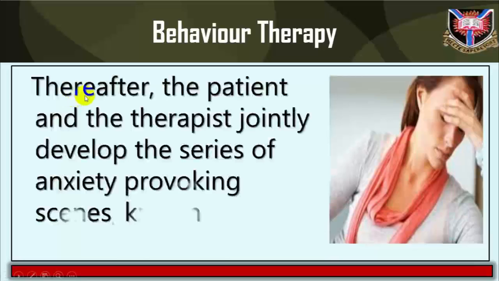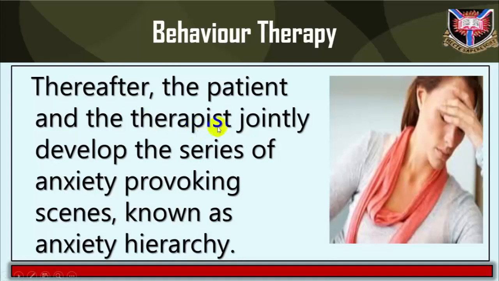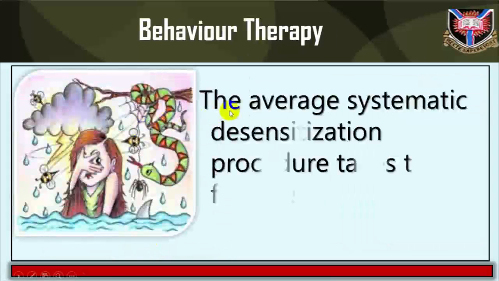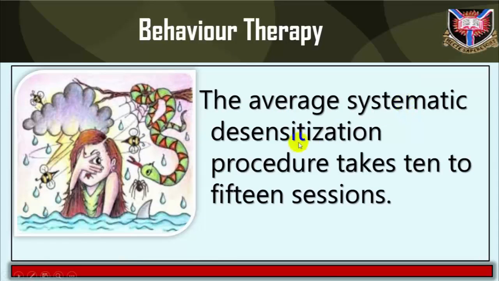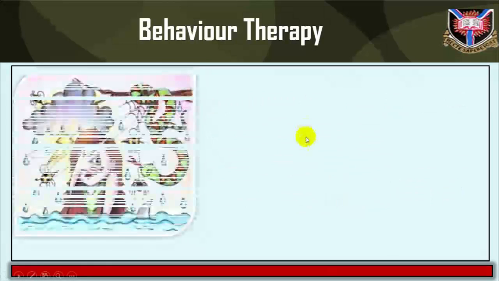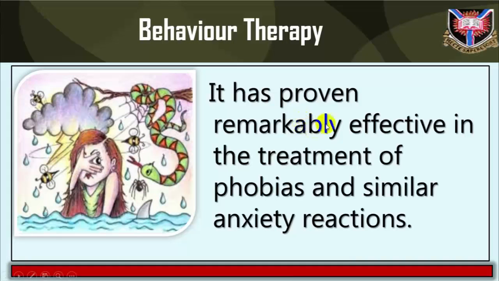Thereafter, the patient and the therapist jointly develop the series of anxiety-provoking scenes known as the anxiety hierarchy. The average systematic desensitization procedure takes 10 to 15 sessions. It has proven remarkably effective in the treatment of phobias and similar anxiety reactions.